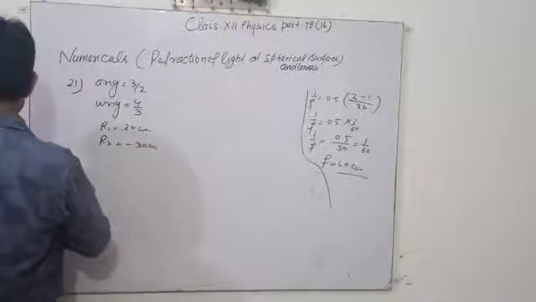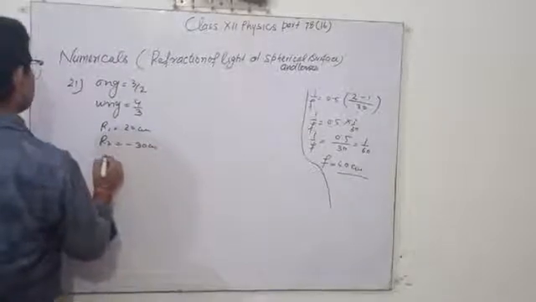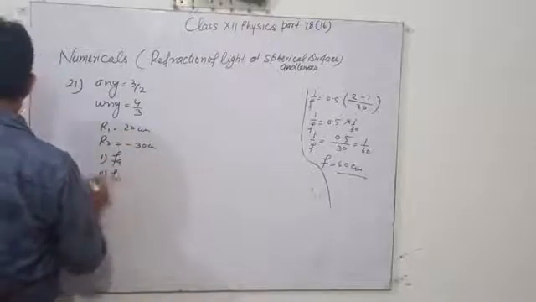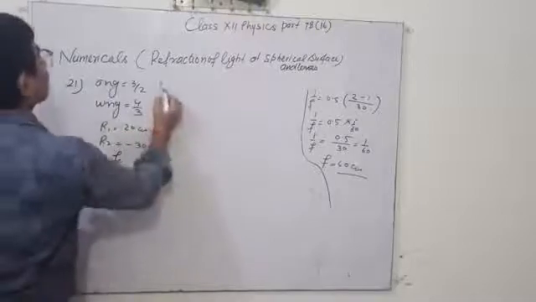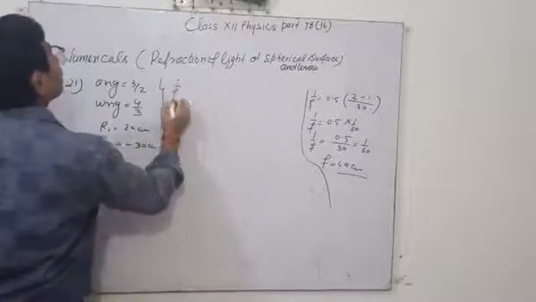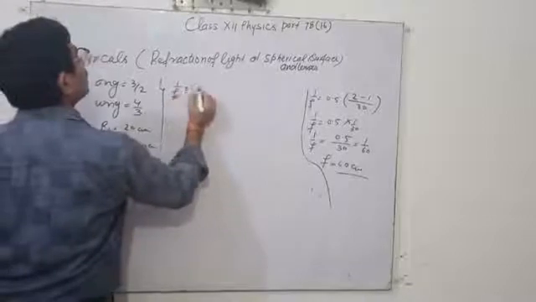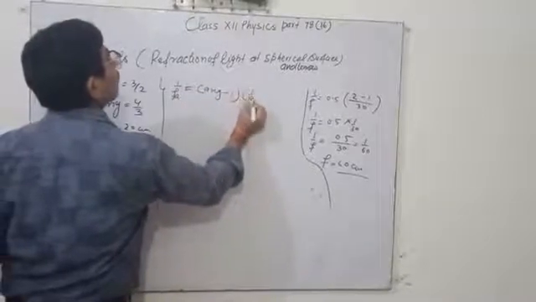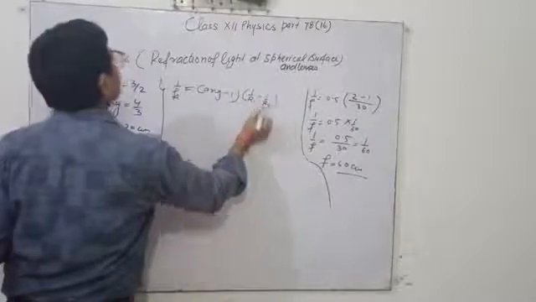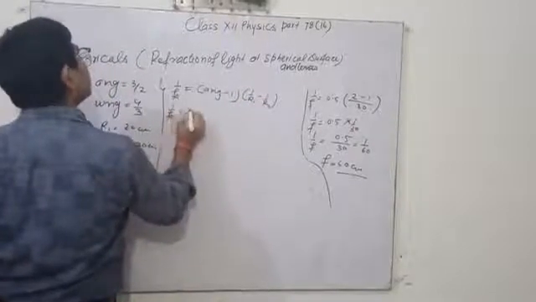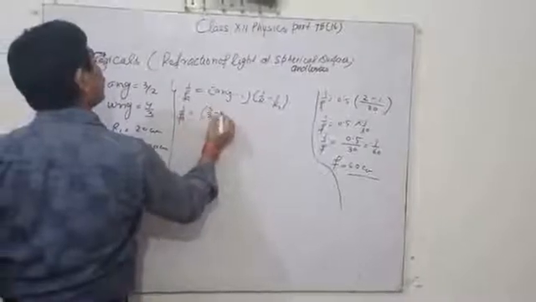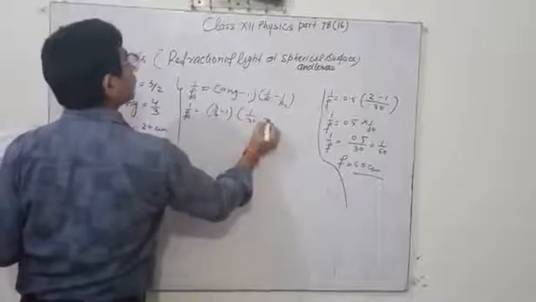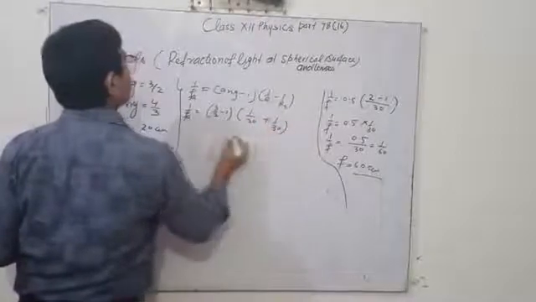What is the focal length of the lens in air, FA, and second, FW, in water? First, 1 by FA equals (ANG minus 1) times (1 by R1 minus 1 by R2). This is 1 by FA equals (3 by 2 minus 1) times (1 by 20 plus 1 by 30).